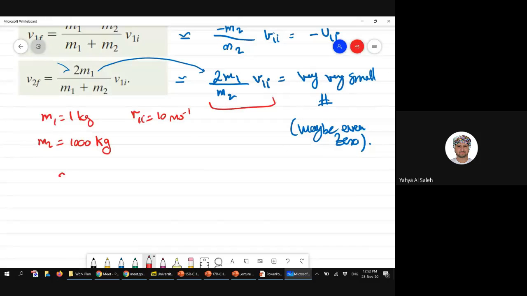Okay. 2 M1 over M1 plus M2 times this. What is our answer going to be? 20 divided by 1001, it's 0.02 meters per second. It's a very, very tiny amount.